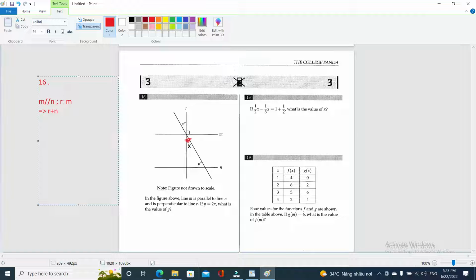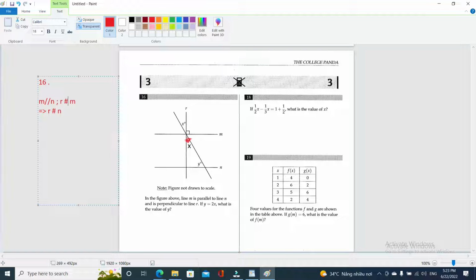We're going to have to do addition later, so maybe I'm going to use another symbol for perpendicular. Okay, I'm going to use that symbol, that's perpendicular.